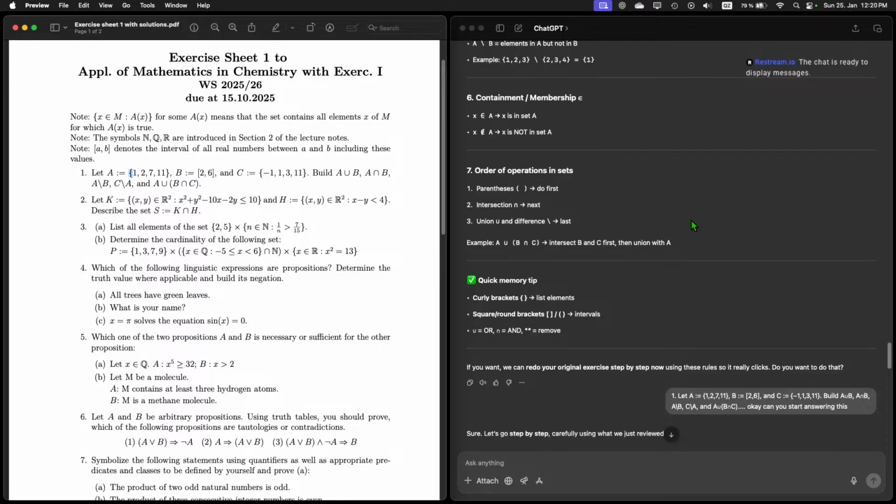Order of operation. Brackets first. Second, intersection. Third. Oh wait, intersection should be done second, and third should be union.